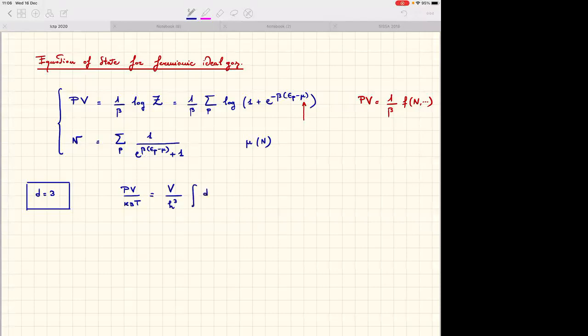Or actually I can forget about h. Let me set h bar equal 1 and write V over (2 pi) cubed, integral d^3p. So I will have a 3-dimensional integral of log of 1 plus e to the minus beta (epsilon_p minus mu).